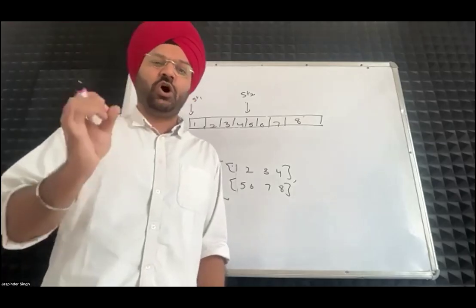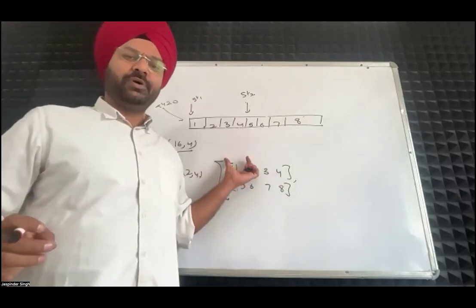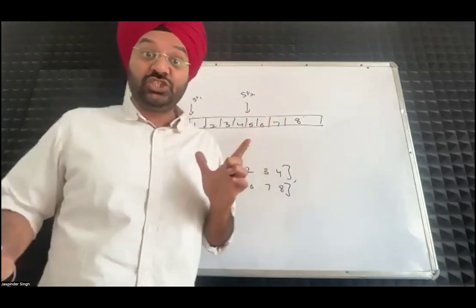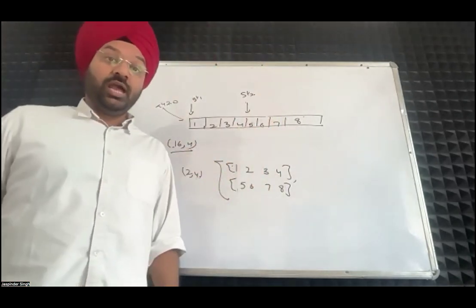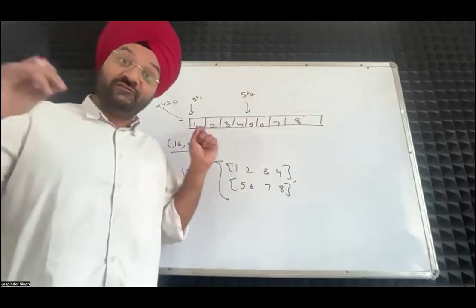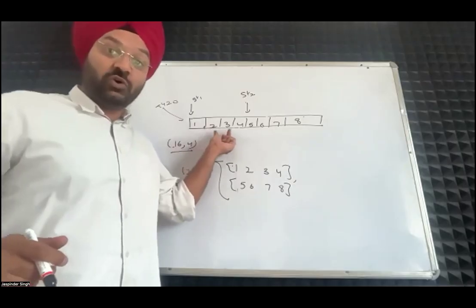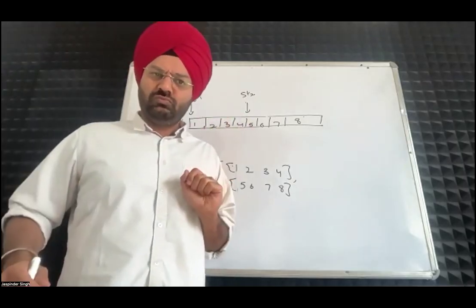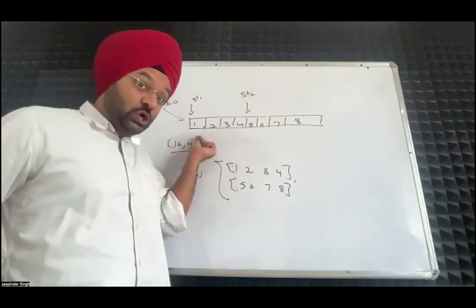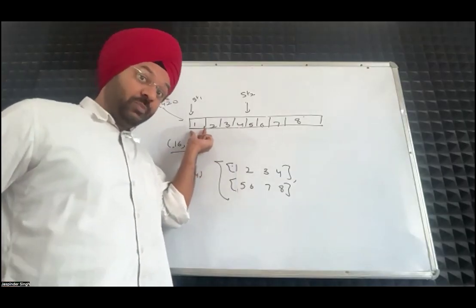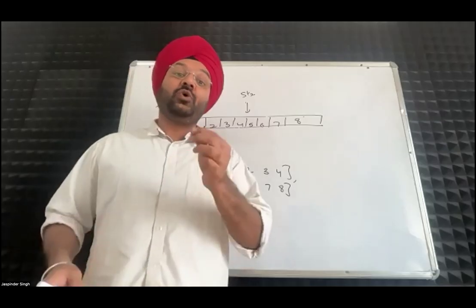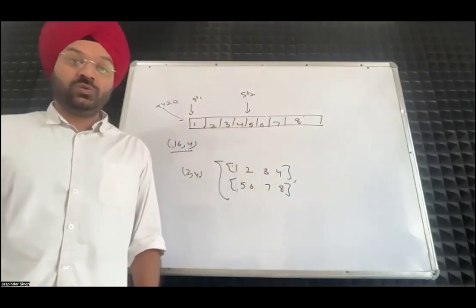Basically, it creates a view only. It doesn't create a new shape. It creates strides, or just markers. 16, 4 means every row is 16 bytes: 4 plus 4 plus 4 plus 4. That is 16. And each column, each element, is 4 bytes, an integer. This is what is going on under the hood.